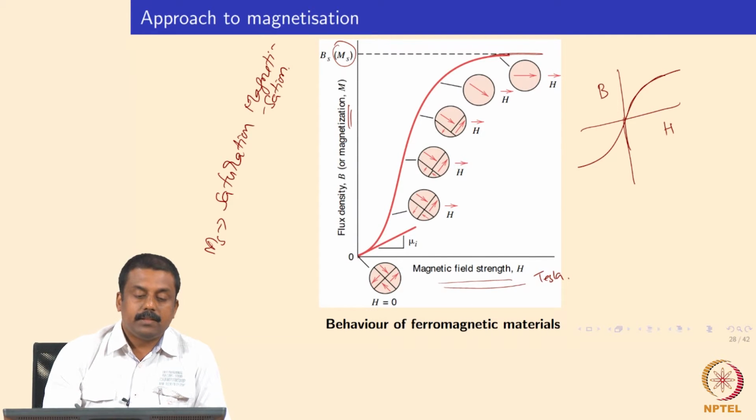And this MS value changes if you introduce paramagnetic constituents in the microstructure.